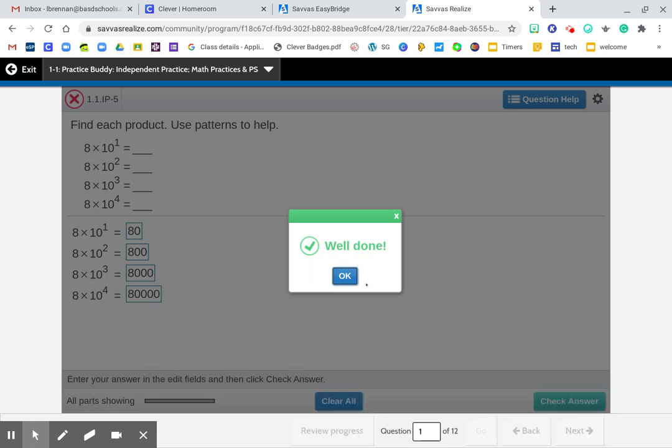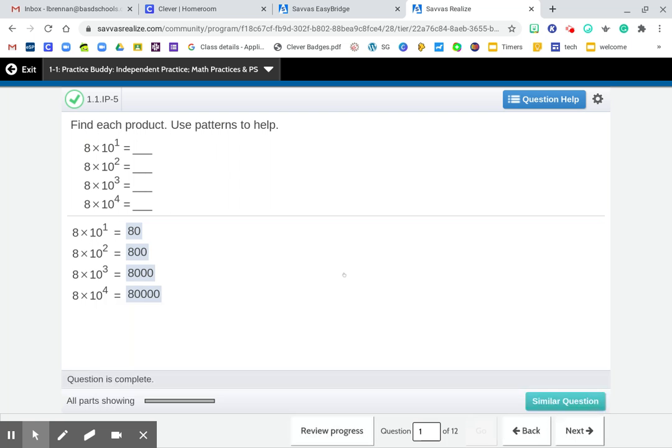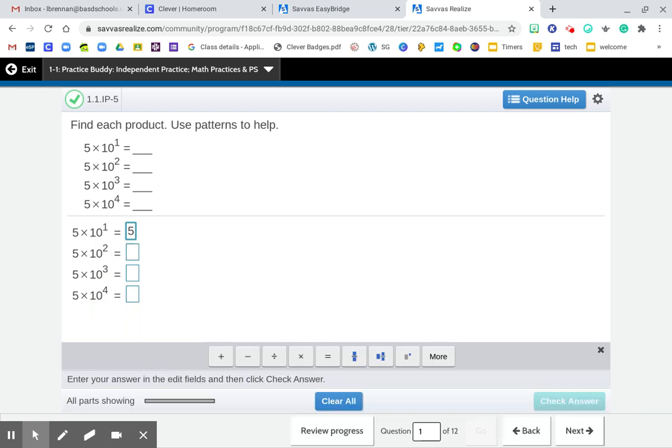It will give you another question. If you get it wrong, it will keep giving you a couple different questions. You can get a similar question. If you're not sure you really understood that, I want to go back again and see if I was right. So you really have a lot of chances to use the power of this program to help you with your math.